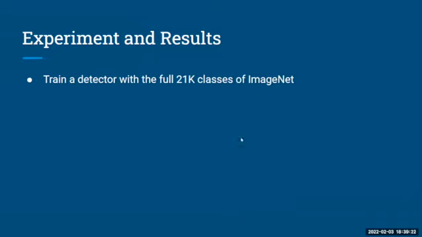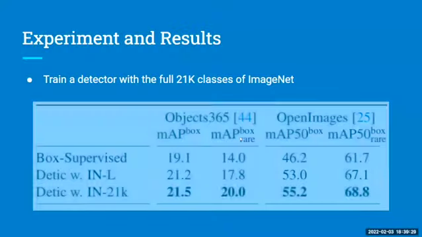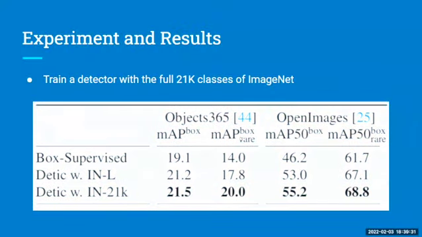And this is done by using SwinB, which as you guys saw was the stronger of the backbones. Since there is no direct benchmark to evaluate detectors with such a large vocabulary, what they do is train Detic using the 21,000 classes of ImageNet, and then evaluate the detector on new datasets without any fine tuning.